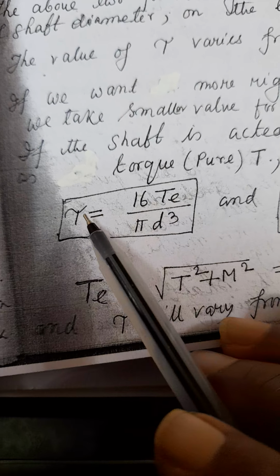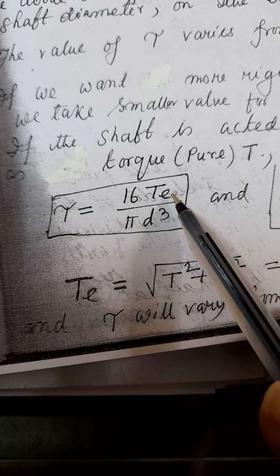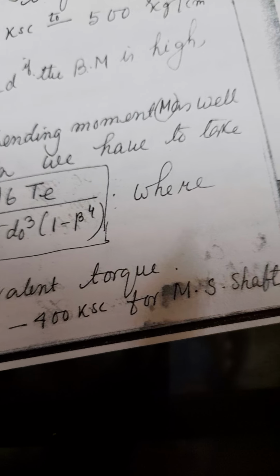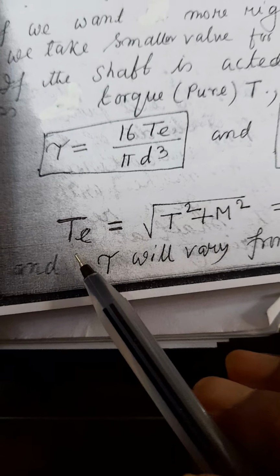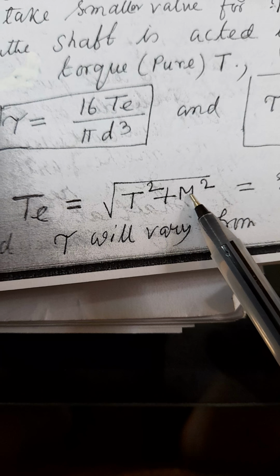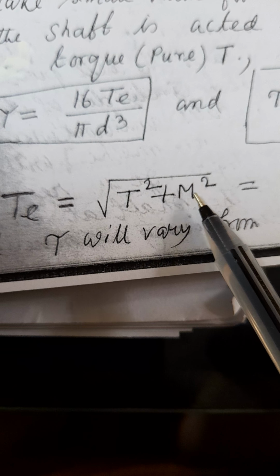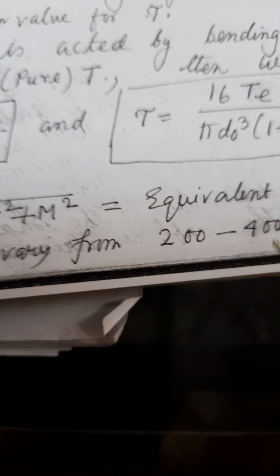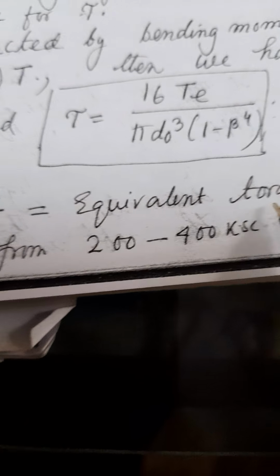So tau is equal to 16 Te by pi d cubed for solid shaft, and similarly for the hollow shaft, where Te is the equivalent torque. Here the pure torque T and bending moment M give Te equal to root over of T square plus M square. Why does it come to root over of T square plus M square? Because Te square is equal to T square plus M square, as T and M are at right angles. Equivalent torque is the Te.